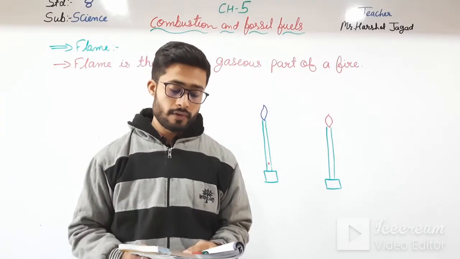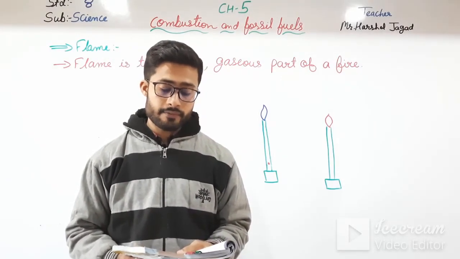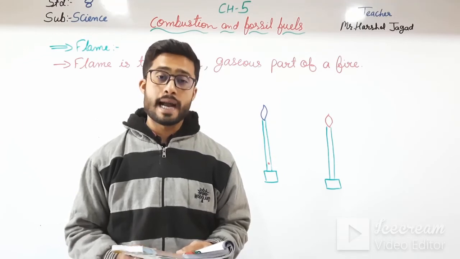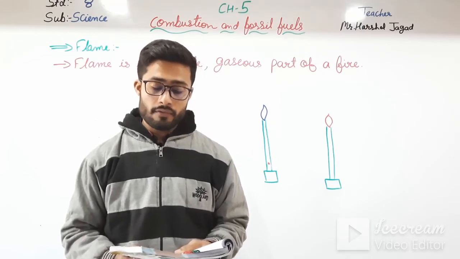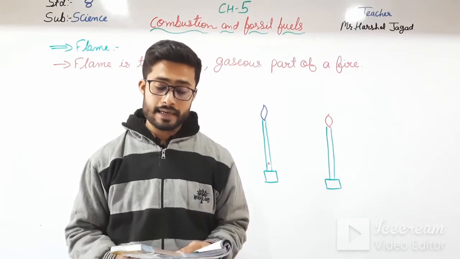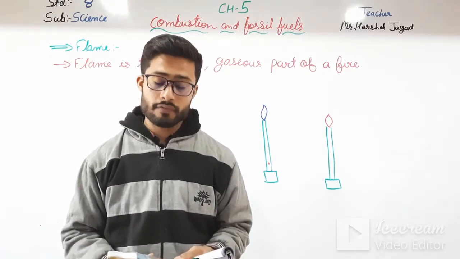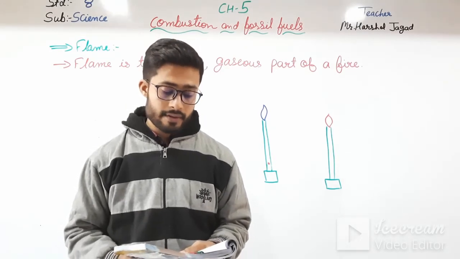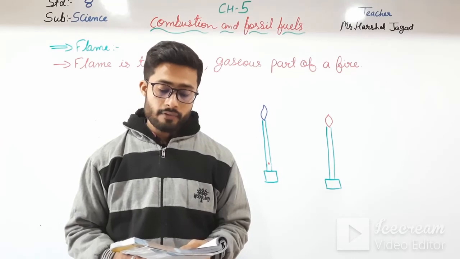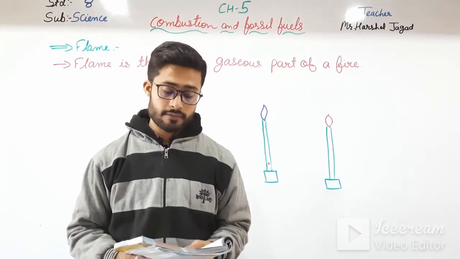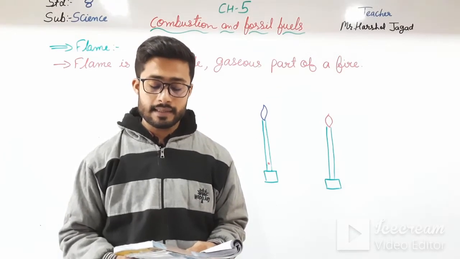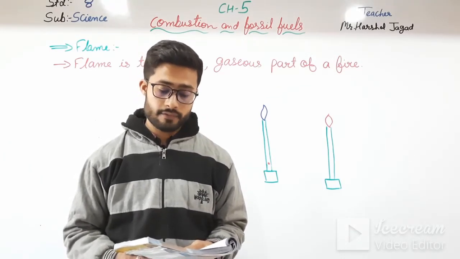See here, first the blue flame. It is produced due to a sufficient supply of oxygen that leads to complete combustion of hydrocarbons. Yellow flame. It is produced due to an insufficient supply of oxygen that leads to incomplete combustion of hydrocarbons. The blue flame emits very little light and is therefore known as a non-luminous flame. The yellow flame emits lots of light and is therefore known as a luminous flame.